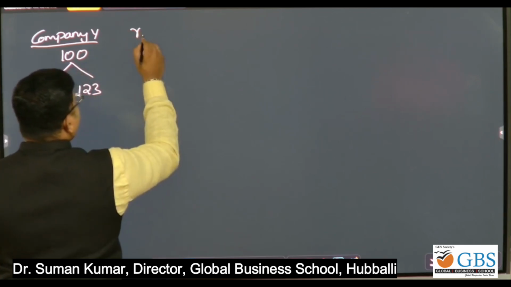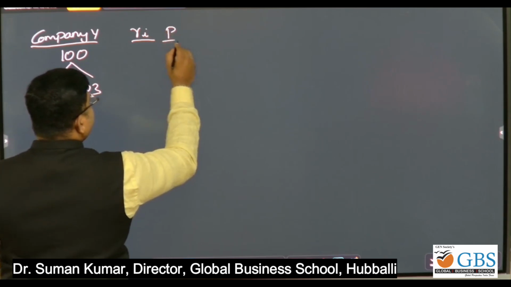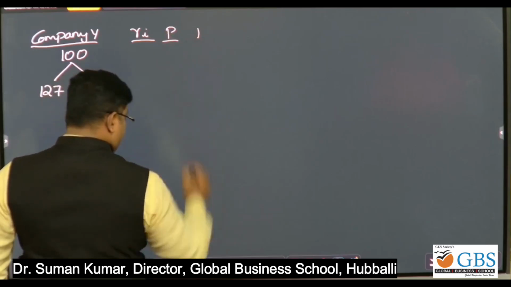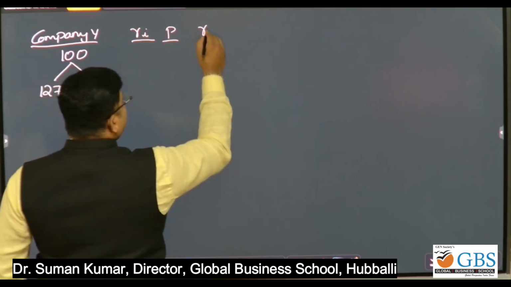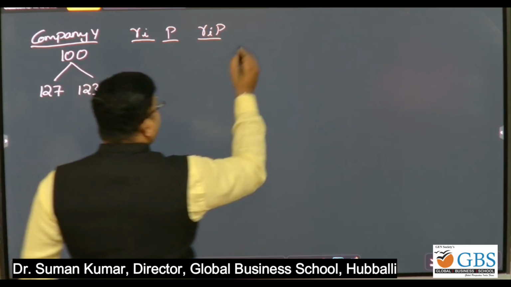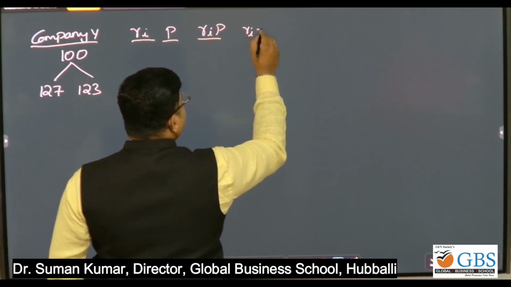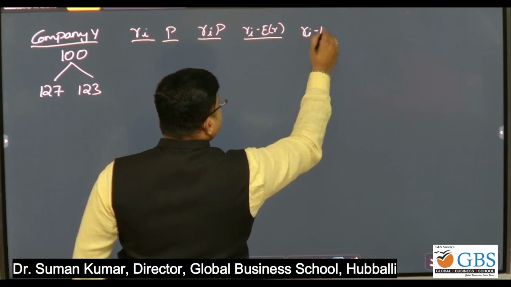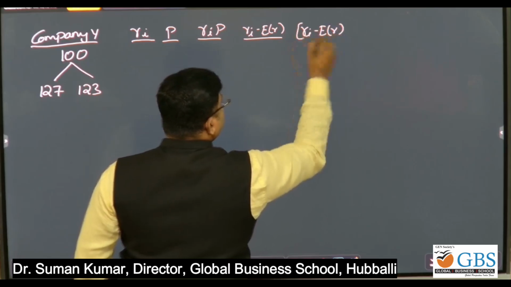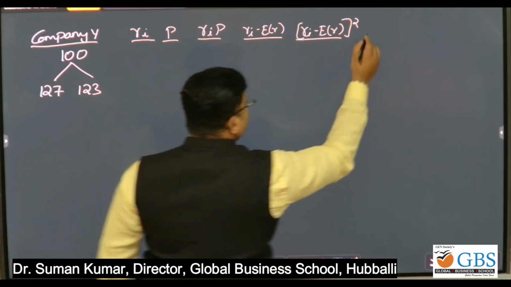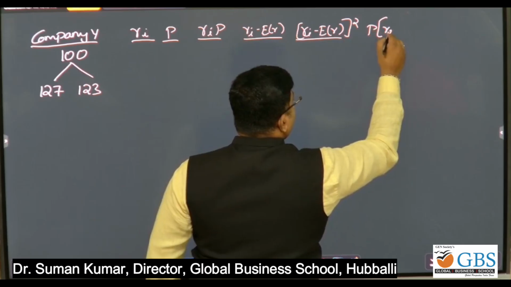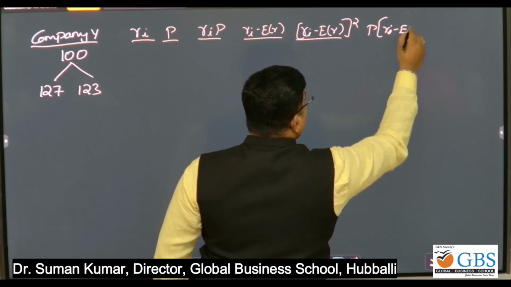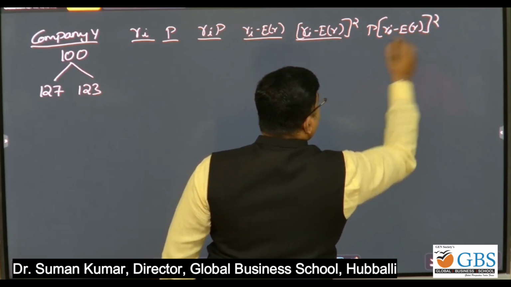Then Ri, P, Ri into P, then Ri minus E of R, Ri minus E of R whole square, the last column P into Ri minus E of R whole square.